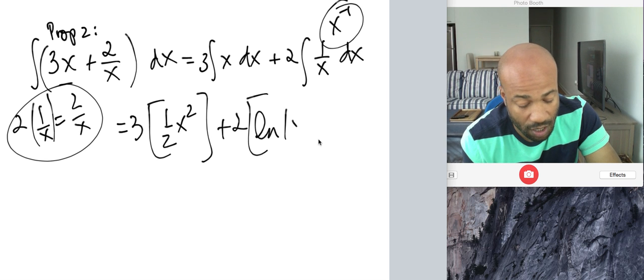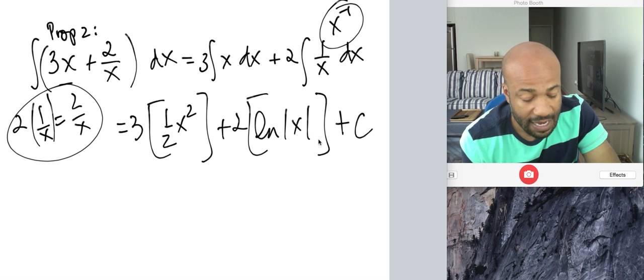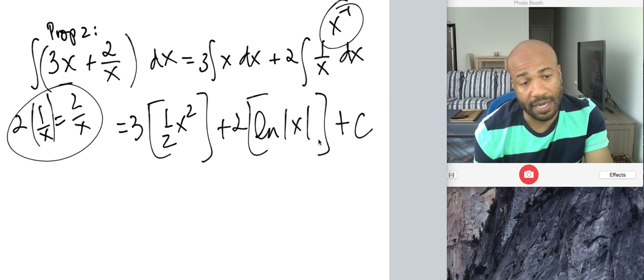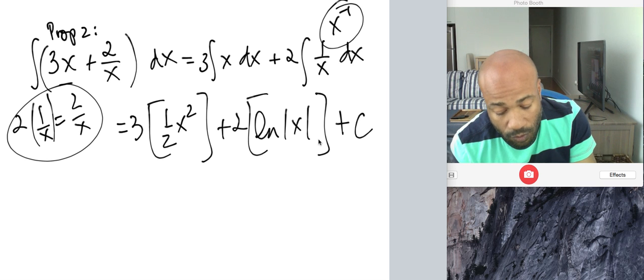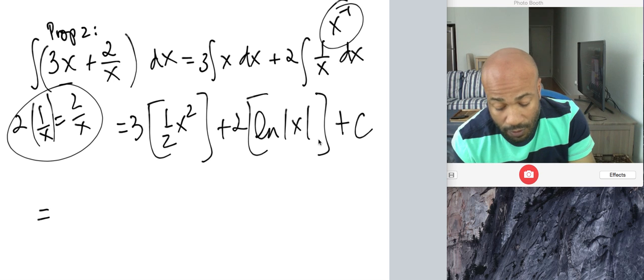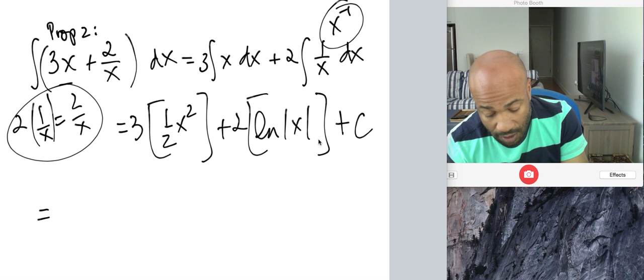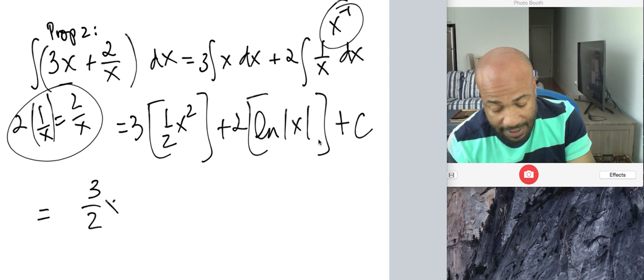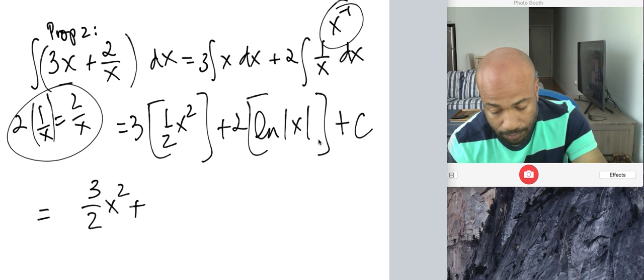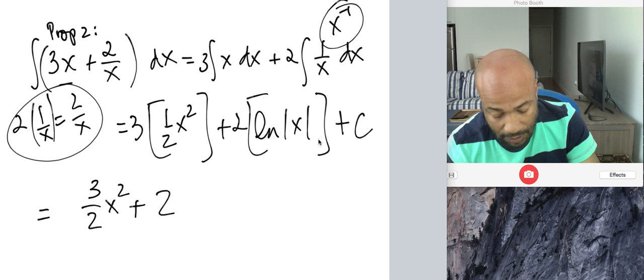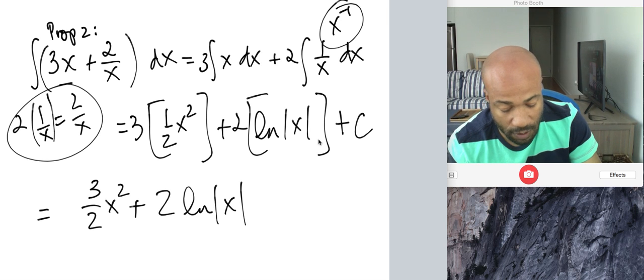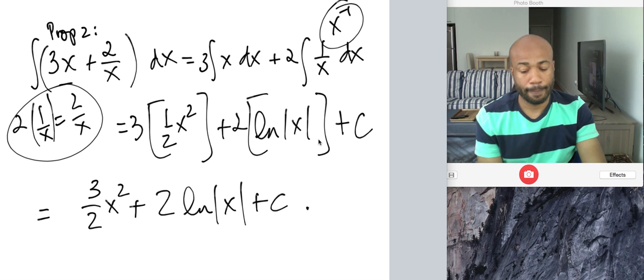So it's the natural log of the absolute value of x. And then I'm going to add the c all the way at the end. So just doing your simple math, your antiderivative is 3/2 x squared plus 2 natural log absolute value of x plus c.